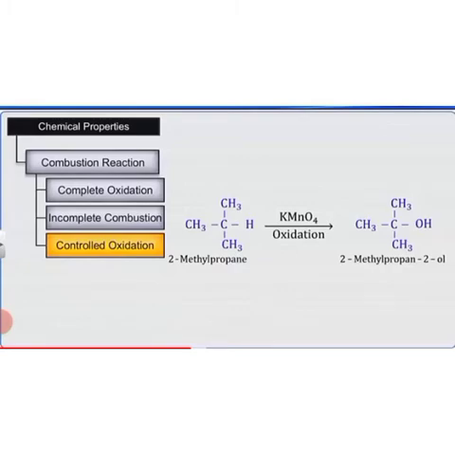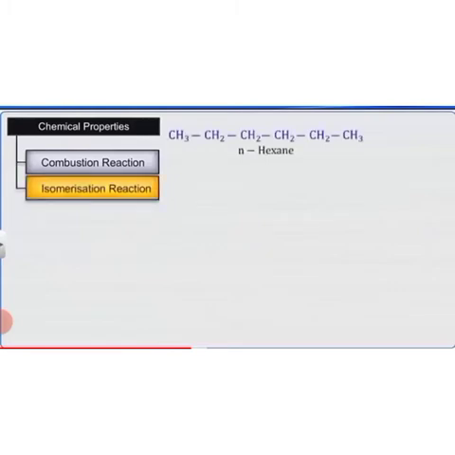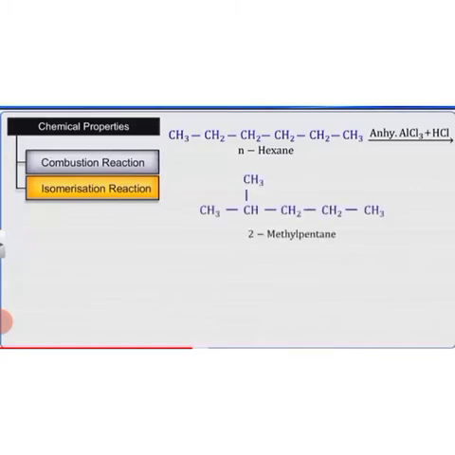When a normal alkane like n-hexane is heated in the presence of anhydrous aluminium chloride and hydrogen chloride gas, it isomerizes to branched chain alkanes like 2-methylpentane and 3-methylpentane.